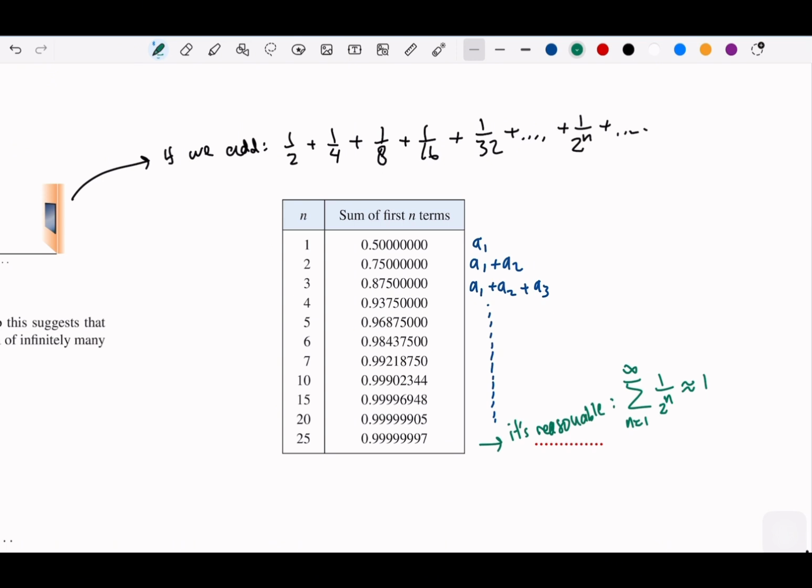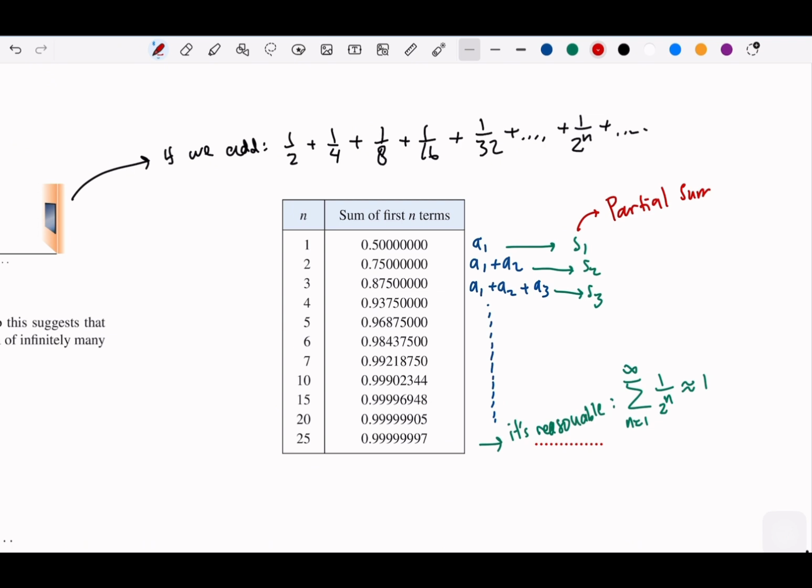Okay. So I will write a1 becomes S1, this becomes S2, this becomes S3. So S is the partial sums. This is the idea of what we call the partial sums.